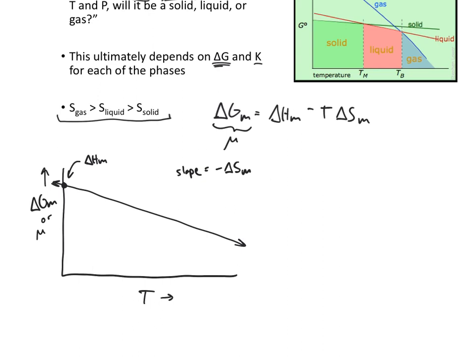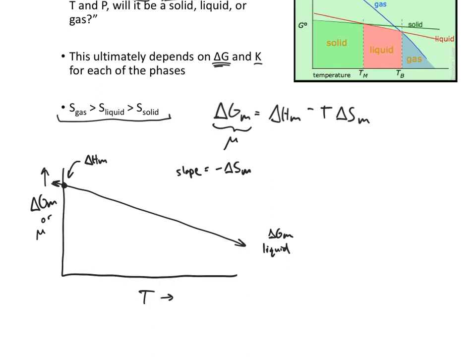And let's say, for the sake of argument, that this corresponds to the liquid phase of the system. Okay, so this is a plot of the molar Gibbs free energy of the liquid phase.